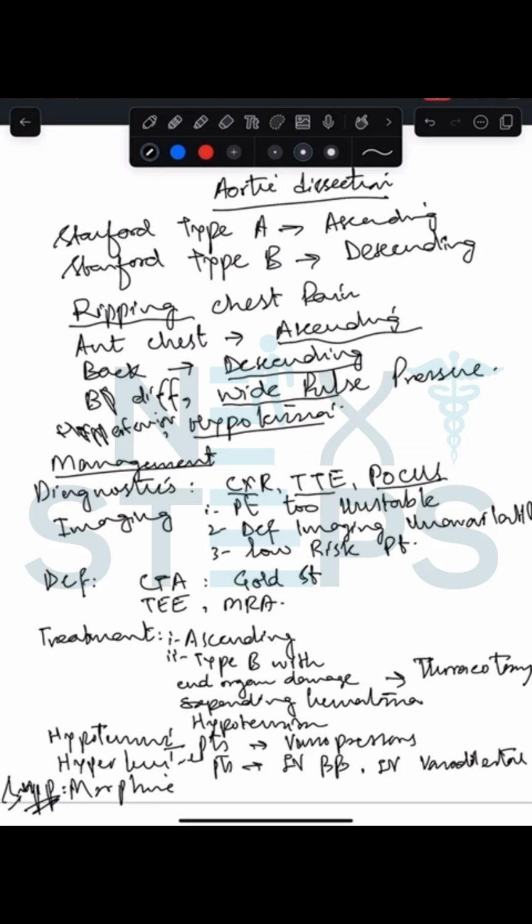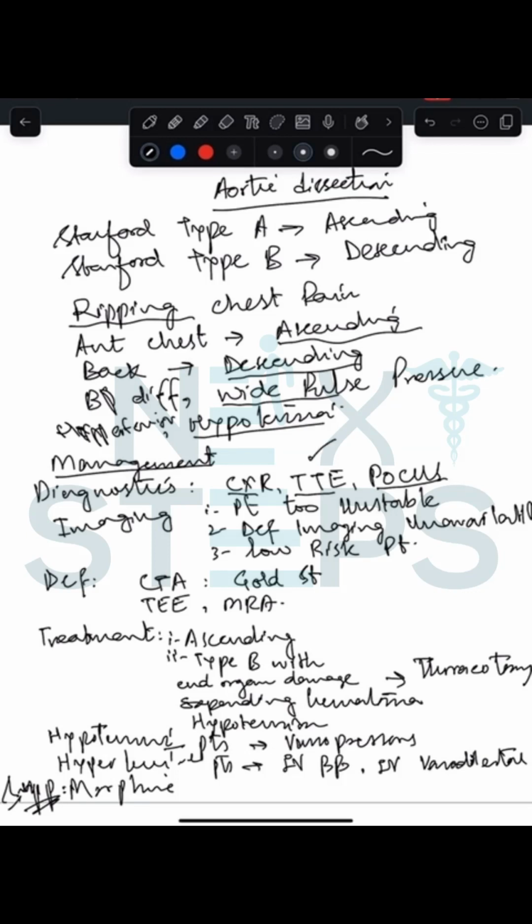Chest x-ray, transthoracic ultrasound, and point of care ultrasound are low sensitivity tests that are only to be done when the patient is too unstable. Whenever a patient with aortic dissection comes and you see that the BP is considerably low, the patient is going into shock or is highly hypotensive, and there is no time to do a CT angio or a transesophageal echocardiography, then you have to do a transthoracic echocardiography.